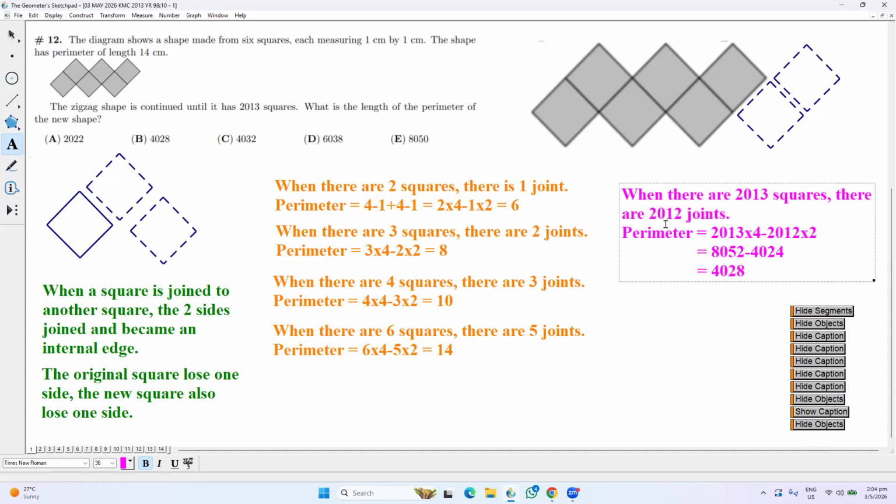there are 2012 joints. Like here, 6 squares, 5 joints. There are 4 squares, 3 joints, always 1 less.